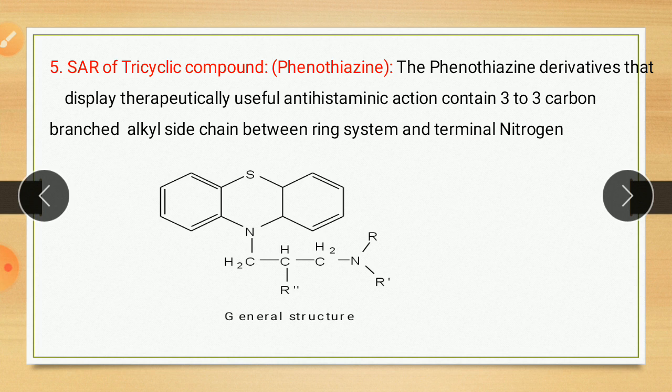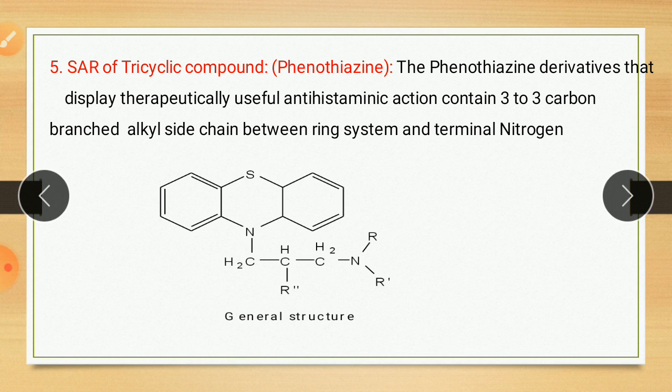This began the era of development of useful psychotherapeutic agents, the phenothiazine antipsychotics. The phenothiazine derivatives that display therapeutically useful antihistaminic action contain a 2 or 3 carbon branched alkyl chain between the ring system and the terminal nitrogen atom. This differs significantly from the phenothiazine antipsychotic series, in which an unbranched propyl chain is required.